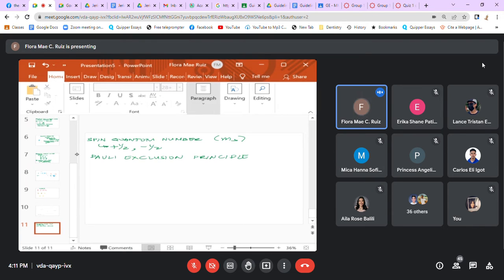At least in the spin quantum number, you can see that one electron can be plus 1/2, but its pair would be negative 1/2. So at least one of the four quantum number values will be different. And this dictates that no two electrons in the same atom can have the exact same energy.